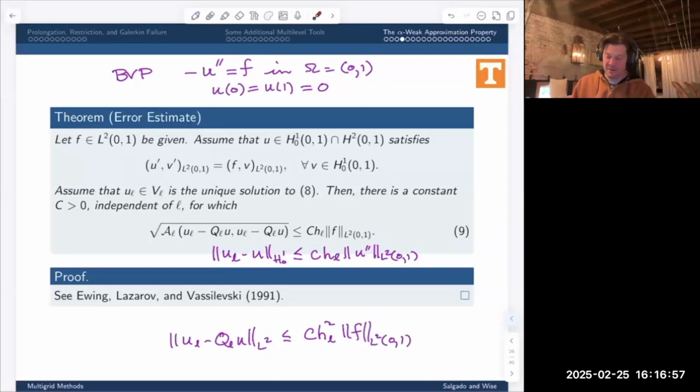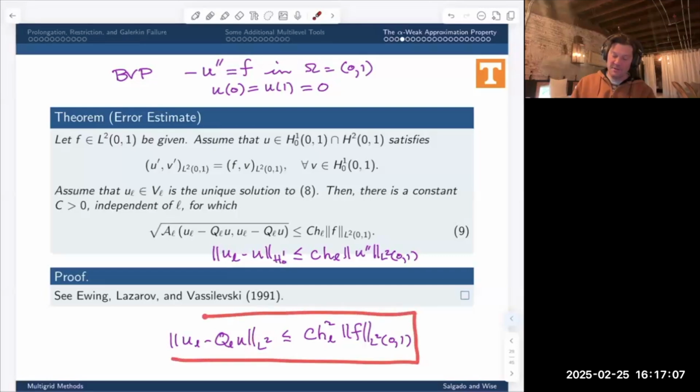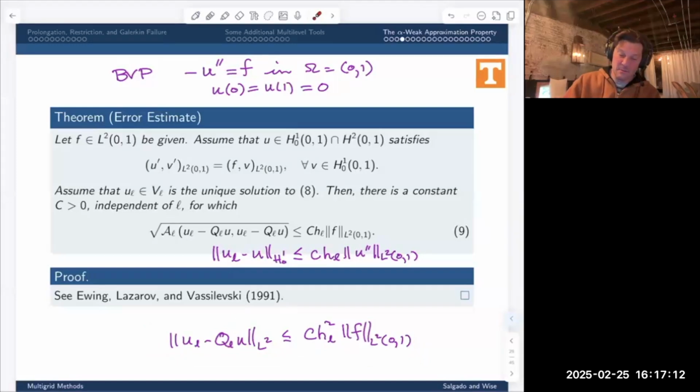Let me be quite honest with you. I don't know if this is true or not. I think it is. I think you can improve this order of accuracy by going to this less weighty norm in L2. So I'm going to leave it to you to look into that. I believe it's true, but I'm not going to bet my life on it.